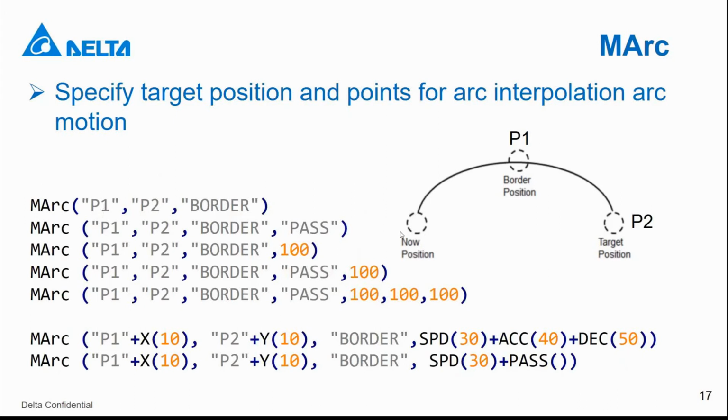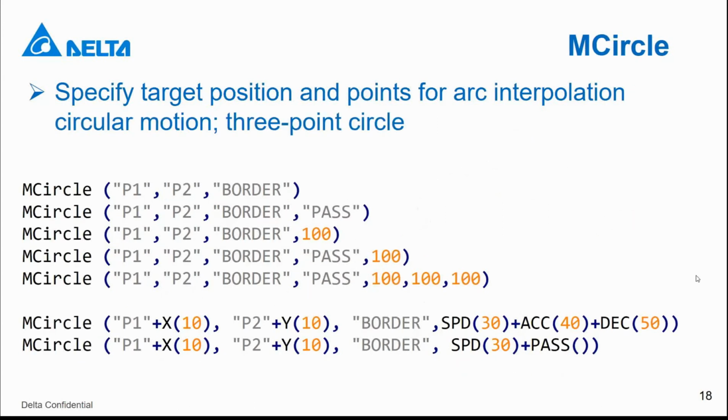Because the current position is also one of the 3 points, you just need to define point 1 and point 3, the middle border position and the target position. In the end, you can choose the border mode. That is the only mode we can use now. For the others, you can also change speed and use the pass function. It's similar to other instructions.